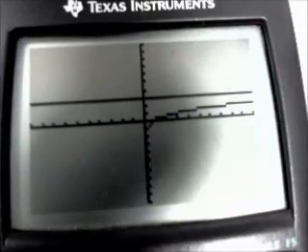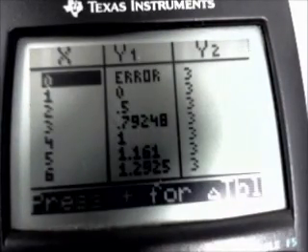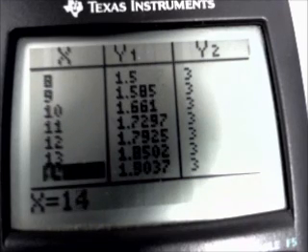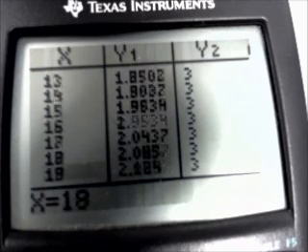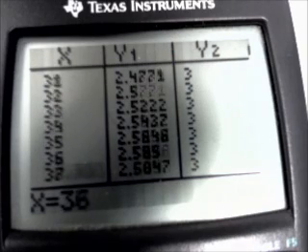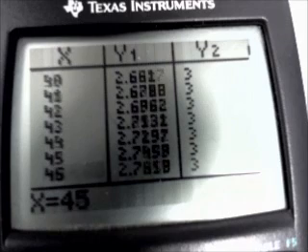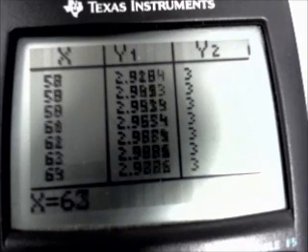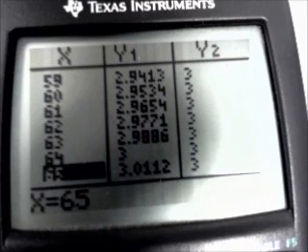Let's just check the table. I kind of already know 64. Not a very efficient way. I guess our algebraic method is much more efficient. There it is. X value of 64, your y values are equivalent to 3.